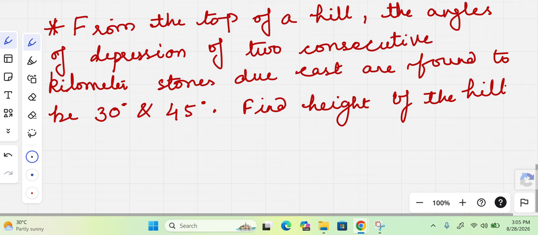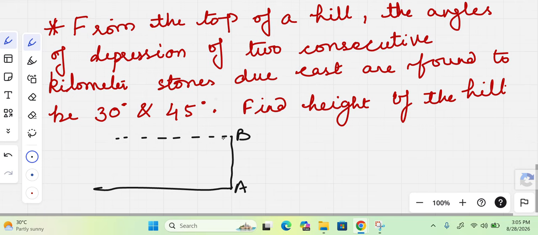Done? Written, from the top of a hill. So this is my hill, A and B. The angle of depression. What did I say? If earlier it will be a line parallel to the ground. So this is the ground next to the hill.